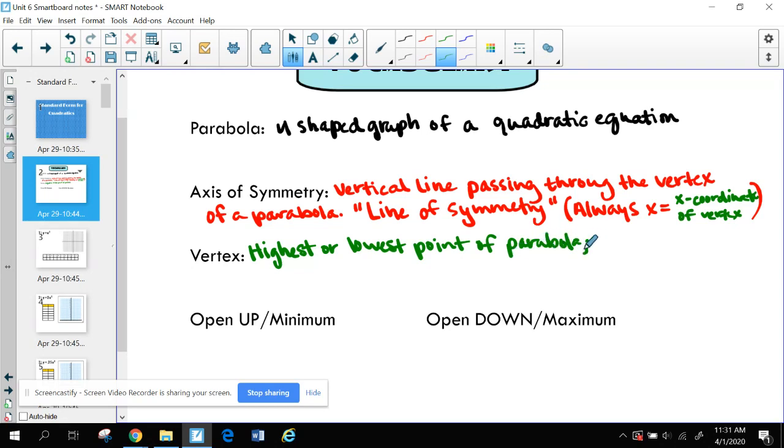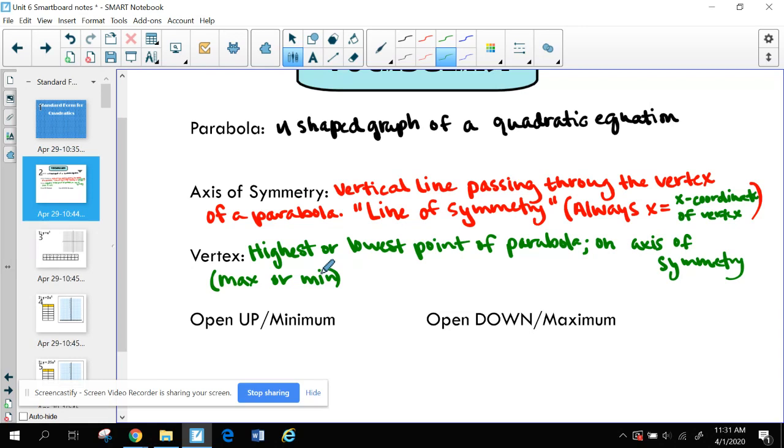It has to be on the axis of symmetry. And other words that we use to describe it would be a max or a min. So we use those to help describe what our parabola looks like.